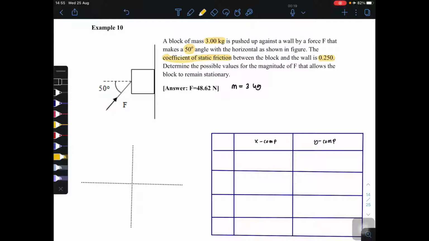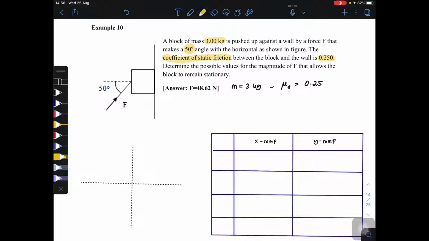So what is coefficient of static friction? The symbol for this is mu s. Mu s meaning that it is static. Mu is just the coefficient, 0.25. Okay, so these are all the information that we have.